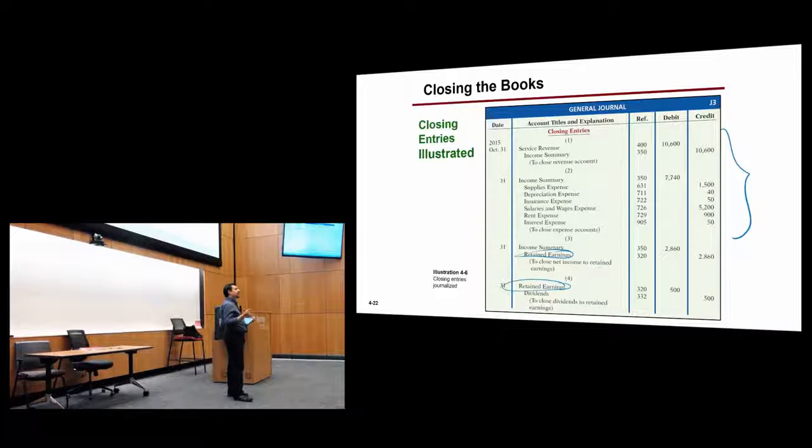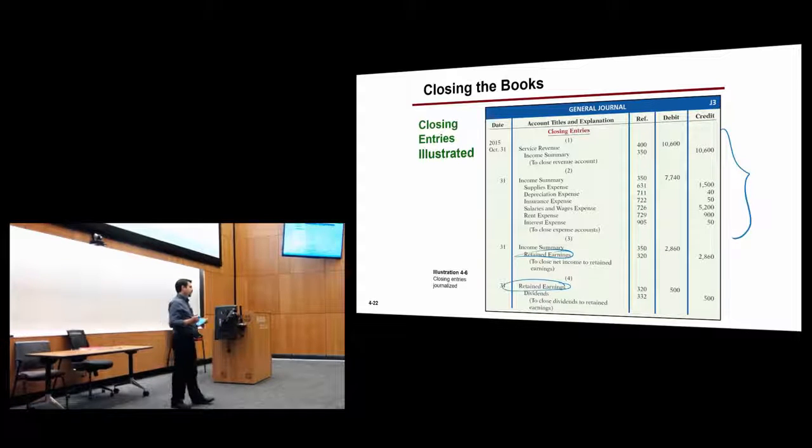That will give you basically the balance in the income statement, the balance of the net income. And then you close the income summary to retained earnings by debiting income summary if you had net income. If it were a net loss, you do it the other way around, you credit it. It's always the opposite of the balance that you have.